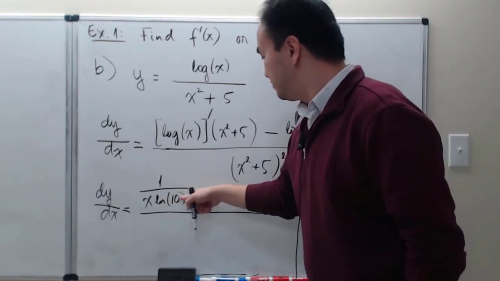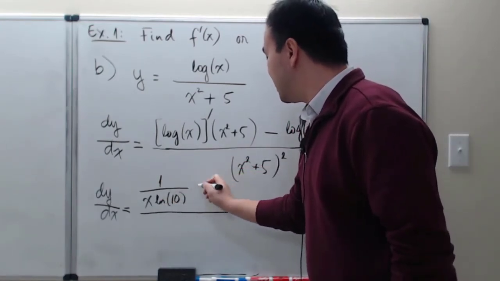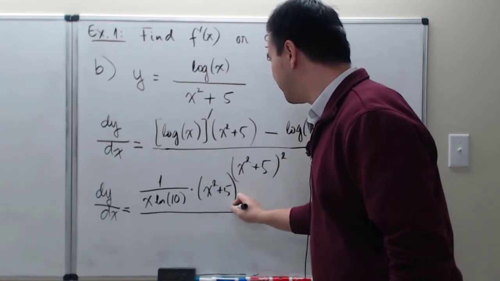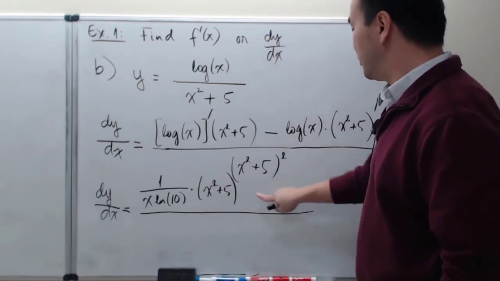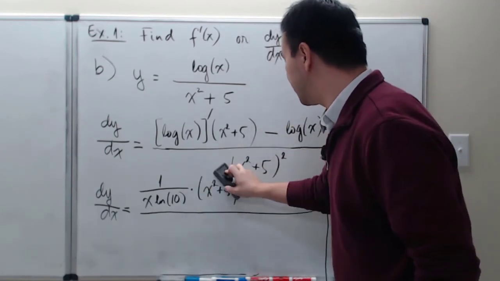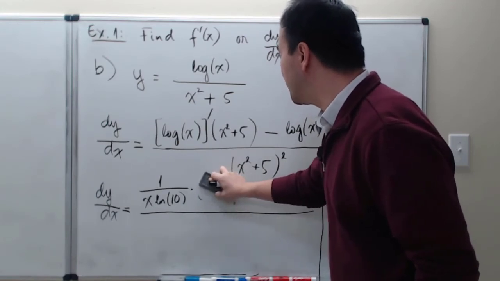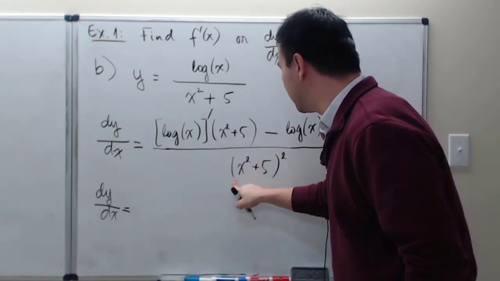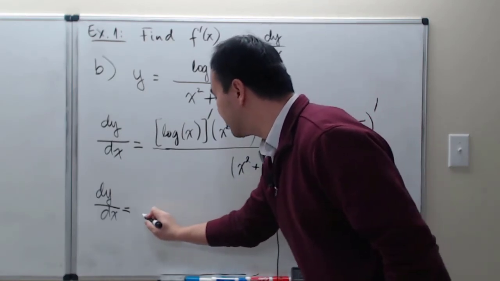And now this fraction needs to be multiplied with x squared plus 5. Okay, and then we are going to subtract, and I realize that writing it this way is a little too squeezed in right here. So how about I quickly rewrite that so that we can see more space between the terms.